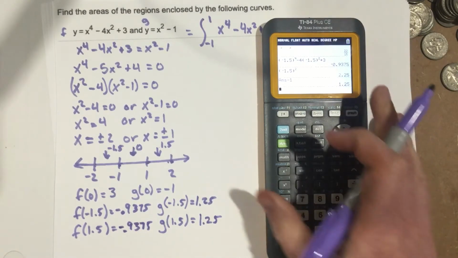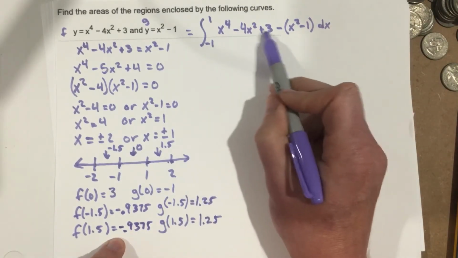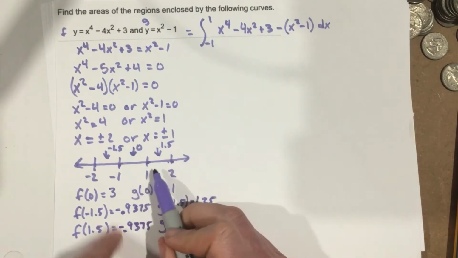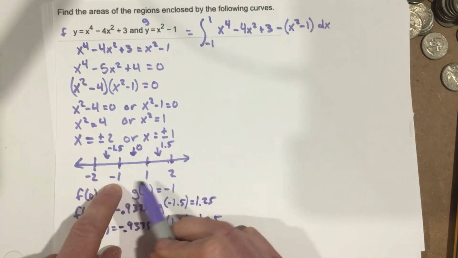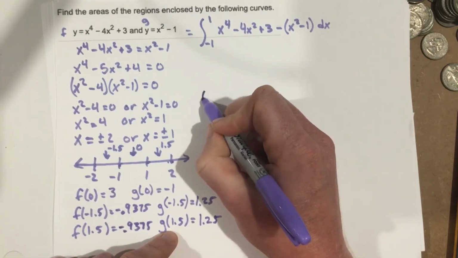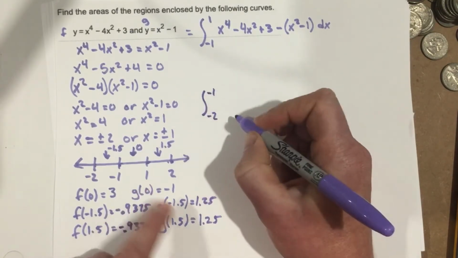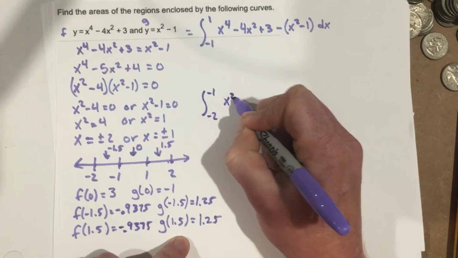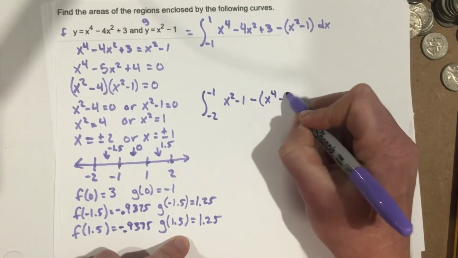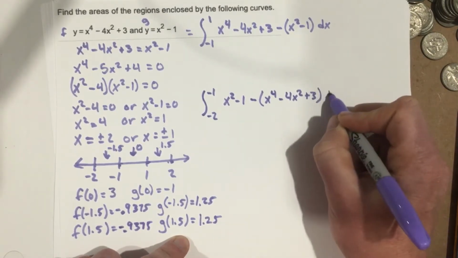That means that when I do my subtraction of the functions, instead of doing the f function minus the g function, I want to do the g function minus the f function for our roots negative 2 to negative 1 and 1 to 2. So I'm also going to have to integrate from negative 2 to negative 1. This time I'm going to do x squared minus 1 minus x to the 4th minus 4x squared plus 3 dx.